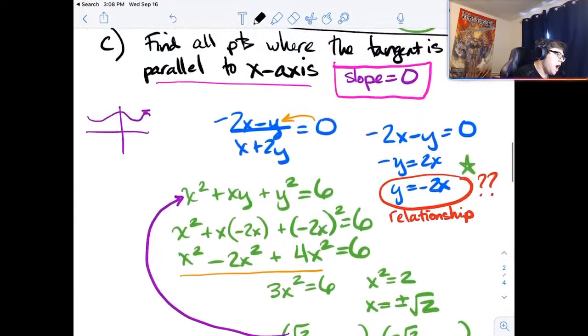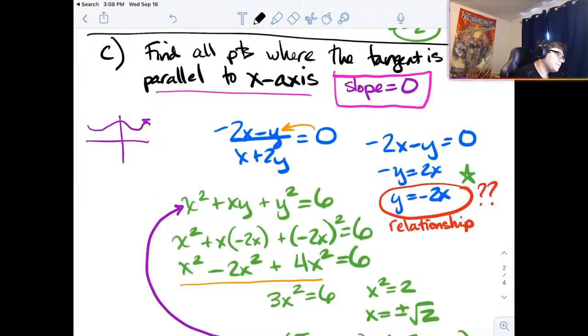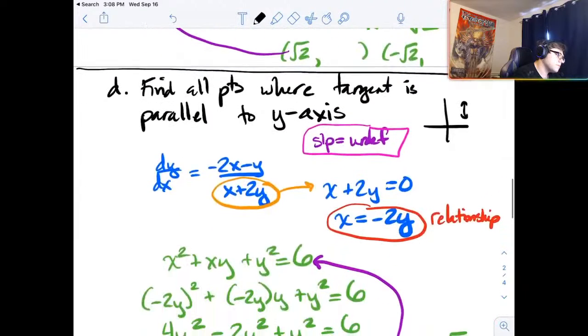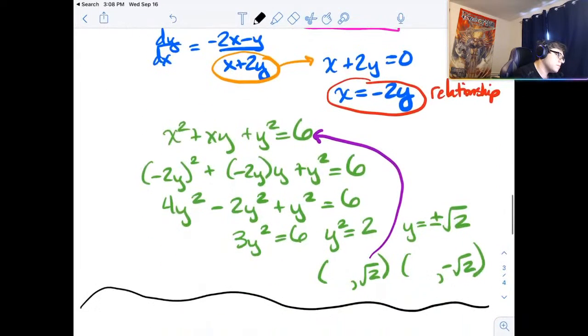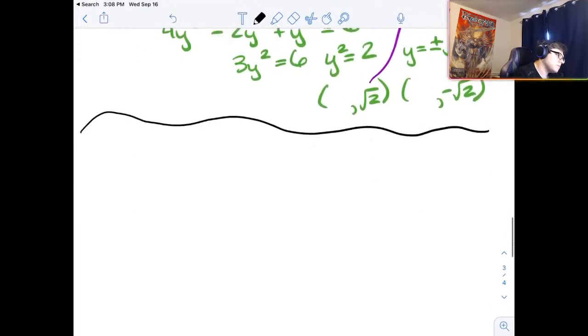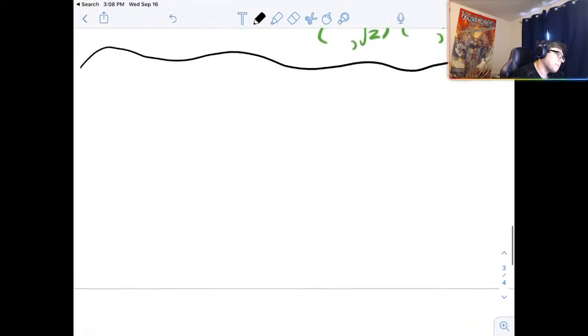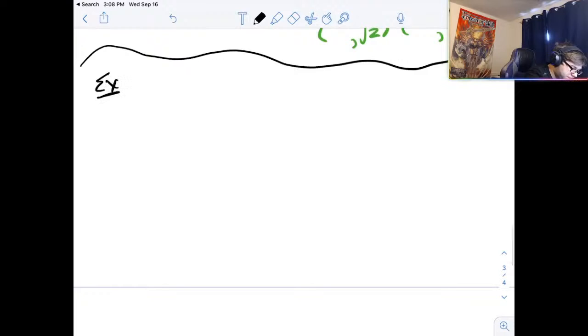But we know enough about how to reason through what it means for tangents to be parallel to the x-axis or parallel to the y-axis that we should be able to still set up some calculus equations to help us solve it, okay? Even though I know that sometimes it feels like we're kind of walking around in the dark while the power's out, just keep using your logic to try to forge forward on these, okay? You're gonna be great. Here is our final AP style question in this video.